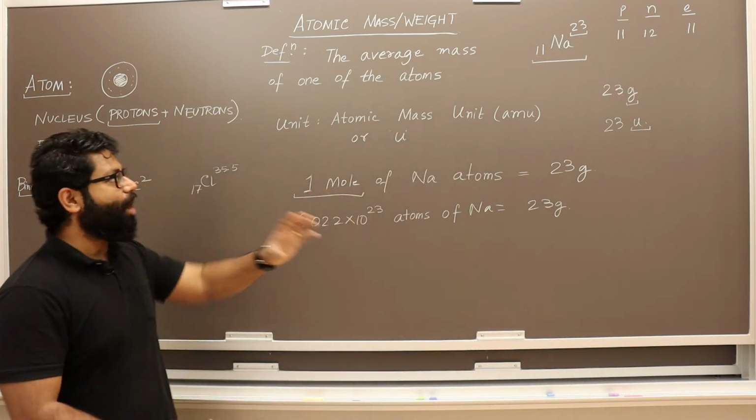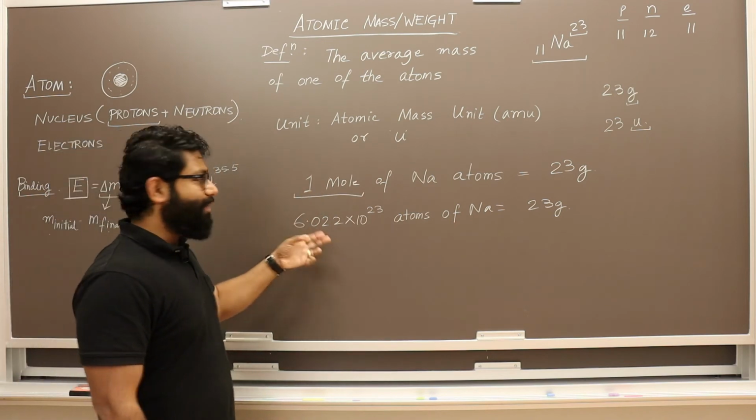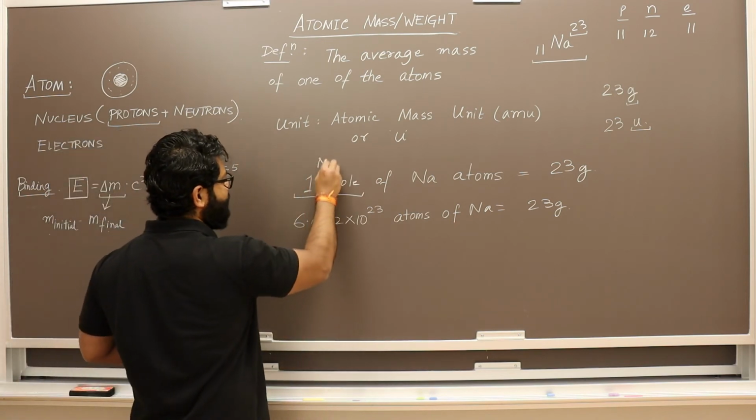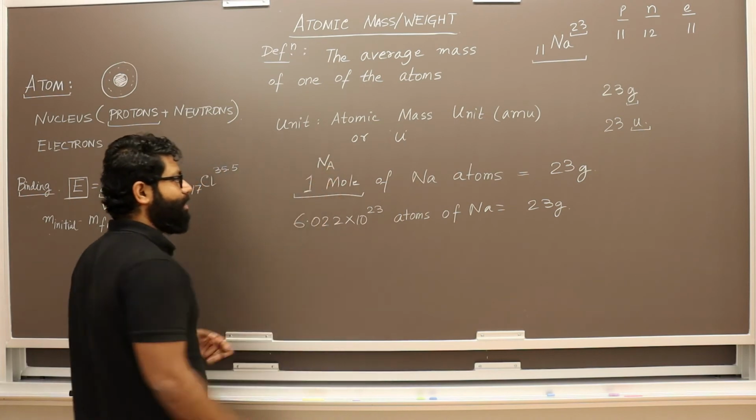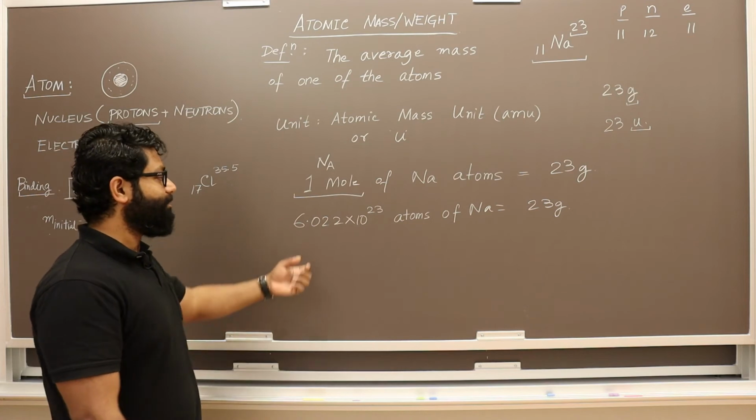This is the meaning of an atomic weight, okay? So 1 mole or Avogadro number, this is also represented by this number. We'll discuss these things in the mole concept in more detail, okay?